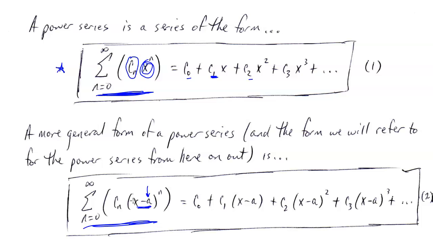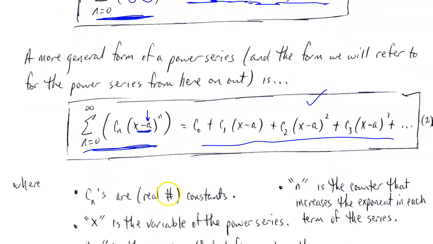Okay, and we'll see later on what that actually means. In the grand scheme of things, there's not much difference between what we see here and what we see here, except that everywhere we see x up here, it's replaced with x minus a down here. Okay, so not much there.